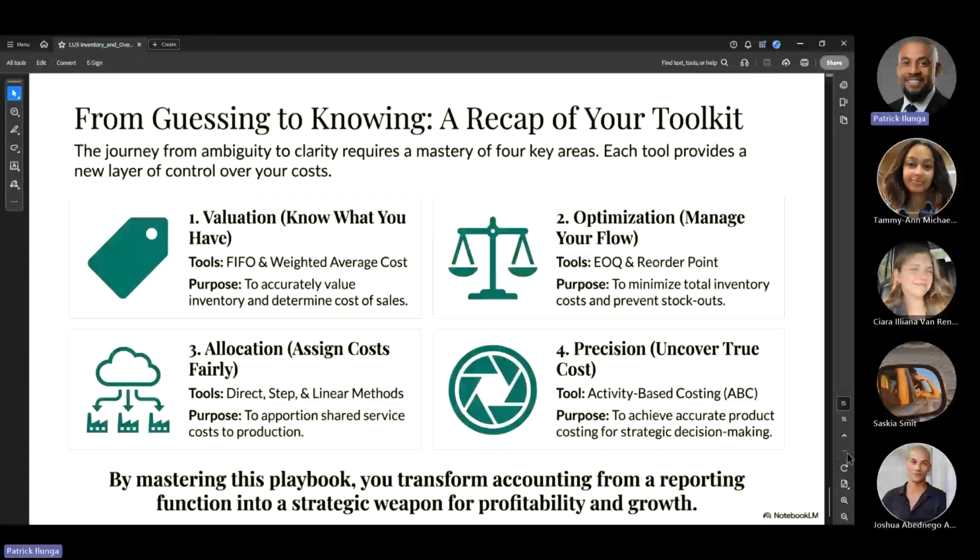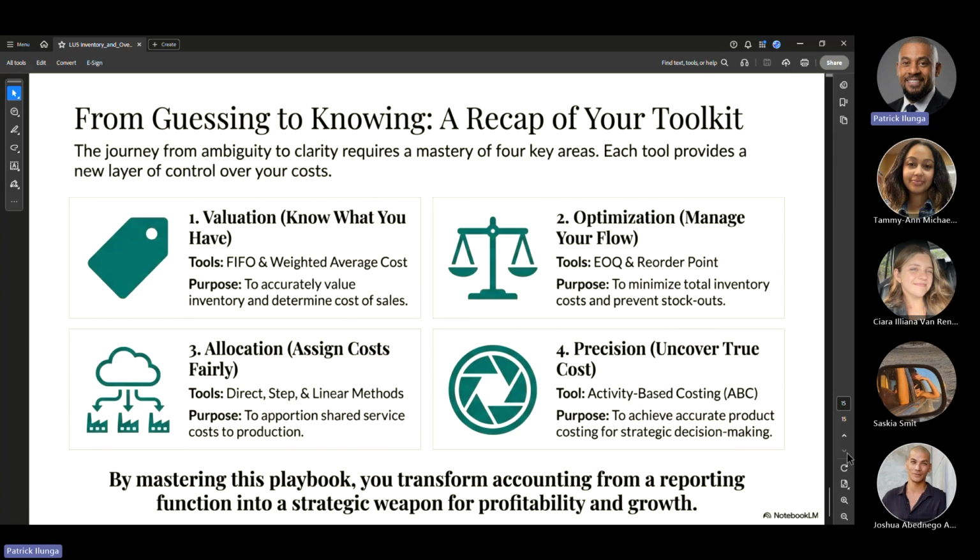This slide is where we started, and we did exactly what we were supposed to do this evening. And what did we do? We looked at the valuation because we need to value properly what we have. We need to know what we have.